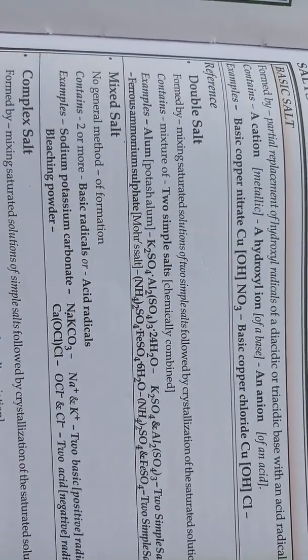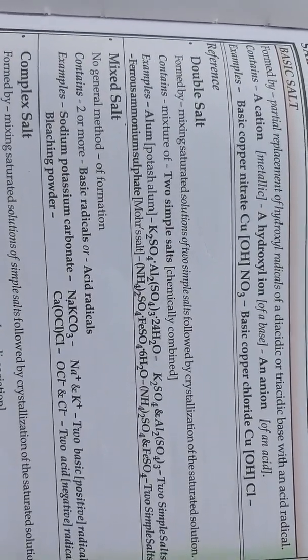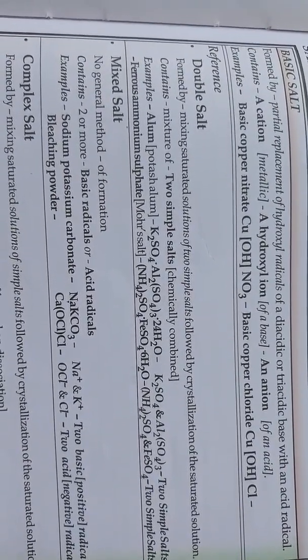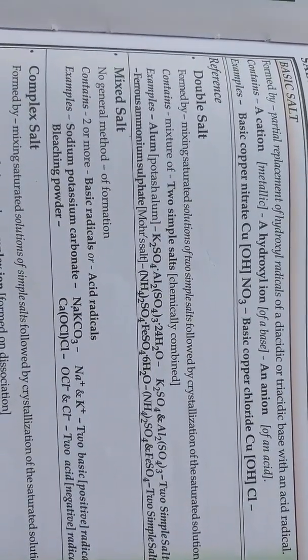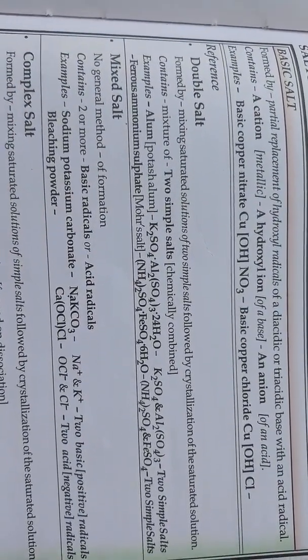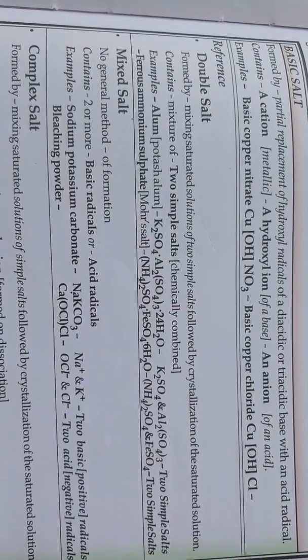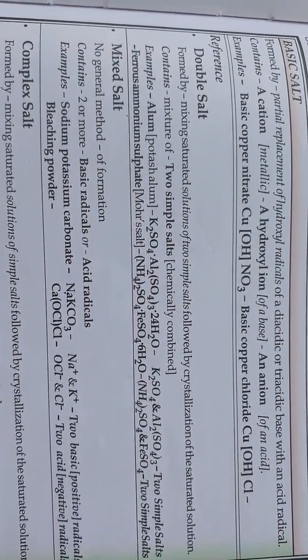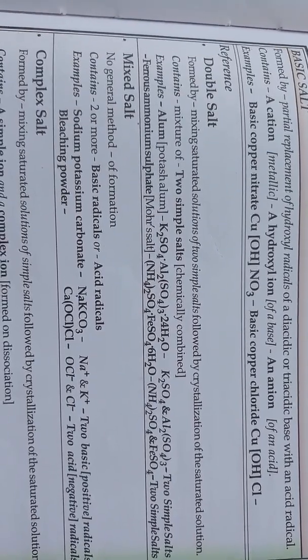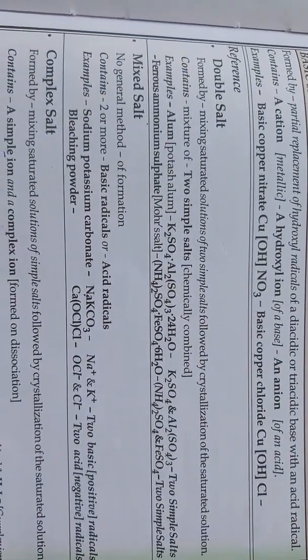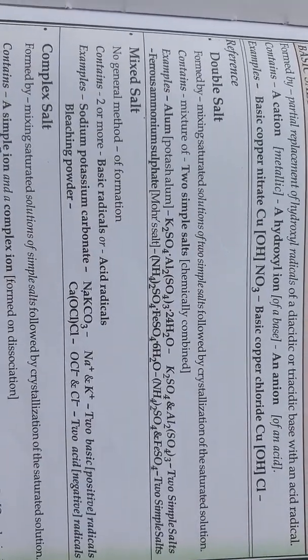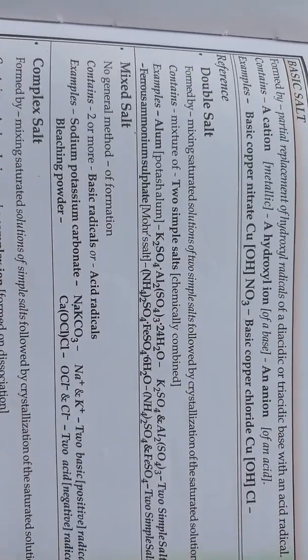In this, copper is the positive ion, OH, the hydroxyl ion, is from the base we received, and NO3 is from the acid we received. So that is a negative ion, right? So we have a basic salt, right? Or the other one, basic copper chloride, CuOH chloride. So this is a basic salt.